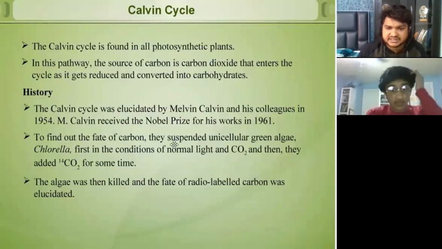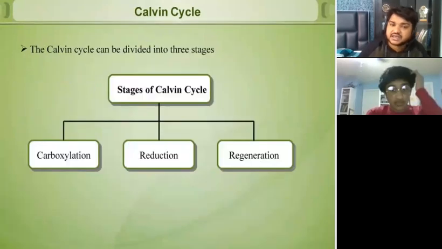Remember that this is just history that you don't need to remember. The C3 cycle has three main processes: first carboxylation, second reduction, and then coming back, which is called regeneration. Carboxylation indicates carbon dioxide is getting added.